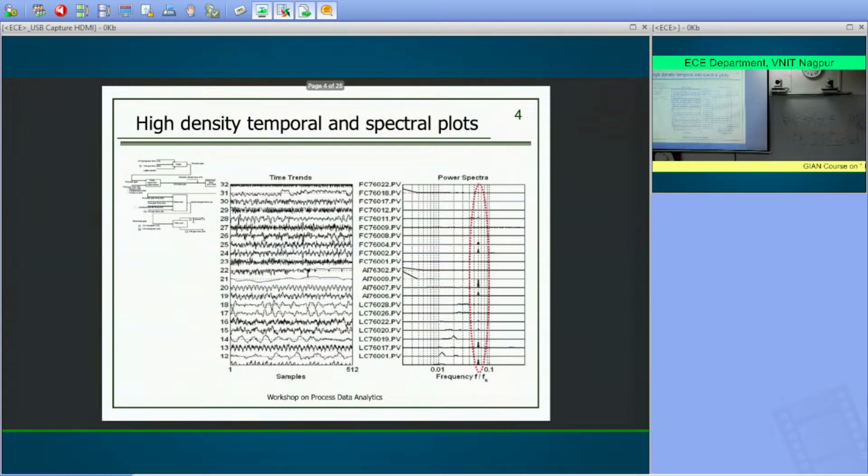But there are some algorithms that we developed to isolate the problem. Those machine learning algorithms allow you to isolate the problem, but visualization helps you to identify the problem. Just by simply visualizing, you can tell that there are all these variables that are exhibiting significant oscillations.